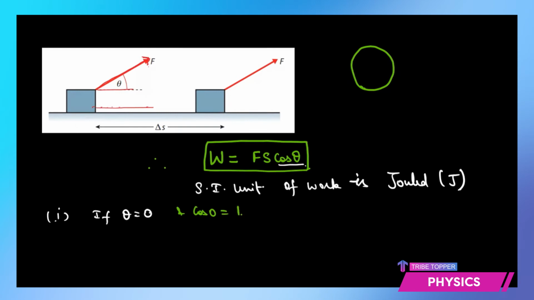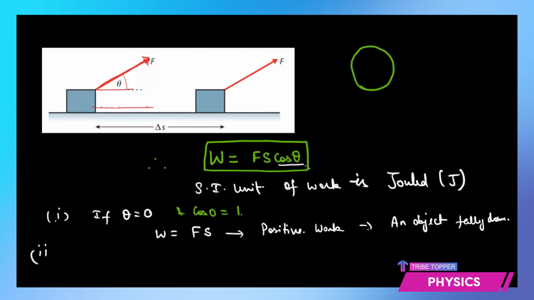Therefore, work done is F times S times cos 0, which is 1. This is known as positive work done. The example would be a ball or an object falling down. Why an object falling down? Because gravity pulls it down and the displacement is also in the downward direction.